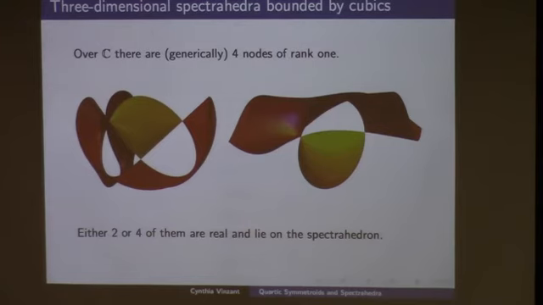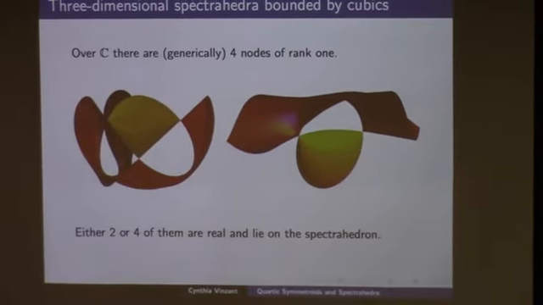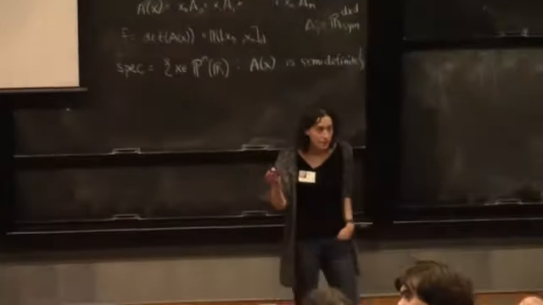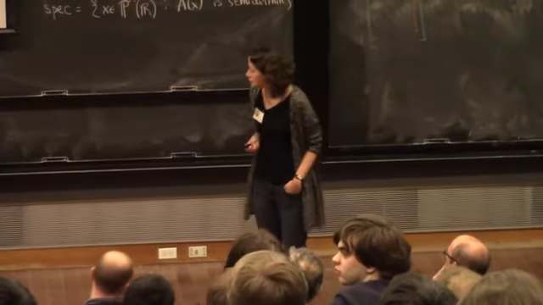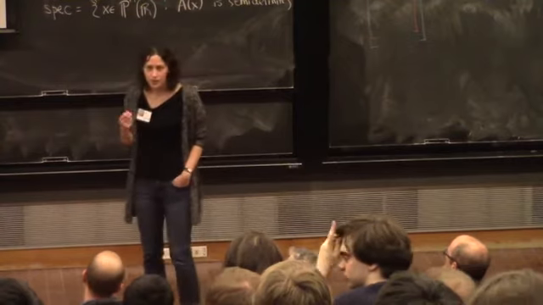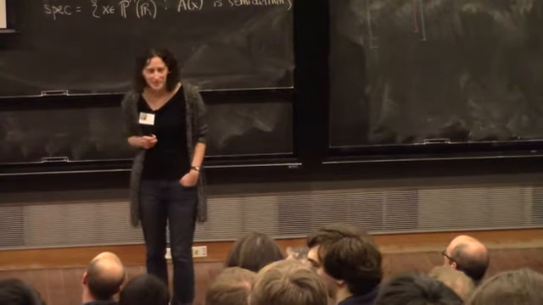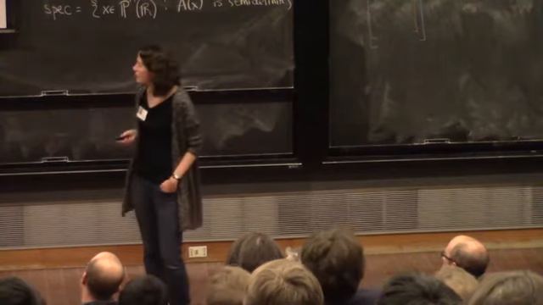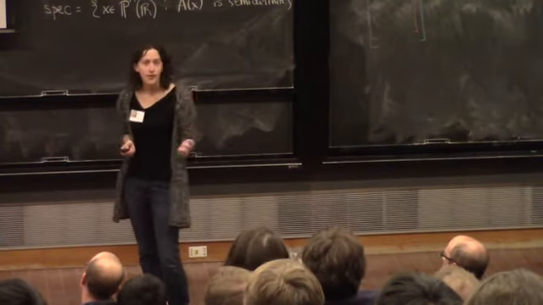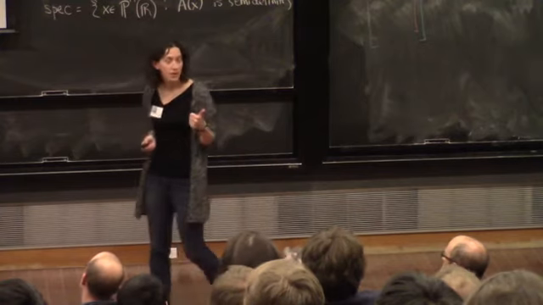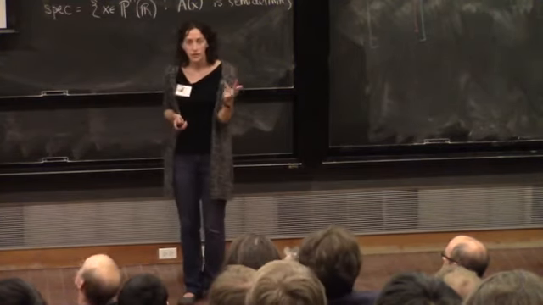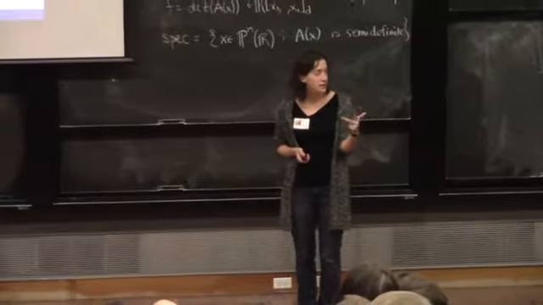Okay, so 3 plus 1 choose 3, thank God, is 4. So over C you get 4 nodes. And it turns out that if you have a positive definite matrix in the span of your real matrices, then an even number of them will be real, generically. So you're either going to have 0, 2, or 4. It turns out that you can't have 0. So you either have 2 or 4 real rank 1 matrices in this span.